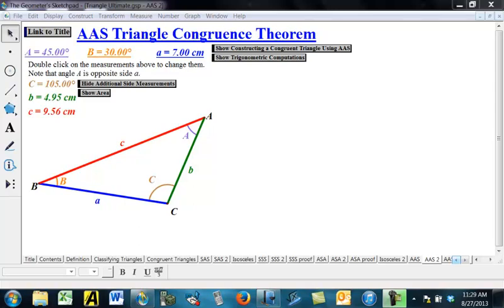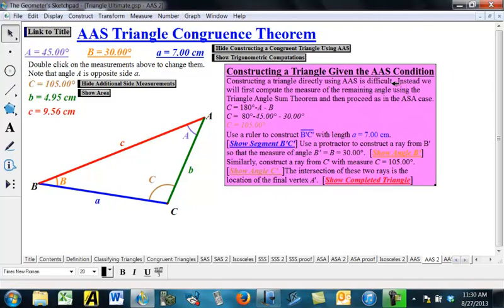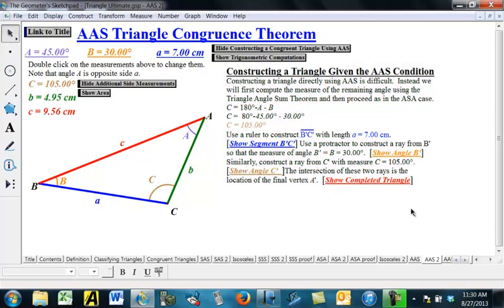So here's an example where A is 45 degrees, B is 30 degrees, and a is 7 centimeters. And let's go through the steps here. So the first thing you're going to do is actually compute the other angle, because it's very difficult, as we saw in our last video, to try to do this by hand directly with an AAS. But ASA was pretty easy.